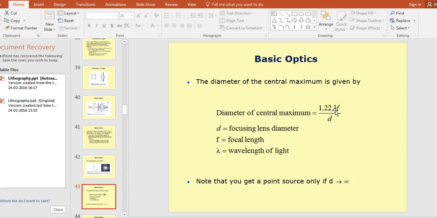Let me correct myself. The diameter of the central maxima is inversely proportional to the focusing lens diameter. This is numerical aperture, we can say. So a bigger lens gives a smaller diameter of the central maxima, and shorter wavelengths of the light again give a minimum diameter of the central maxima.